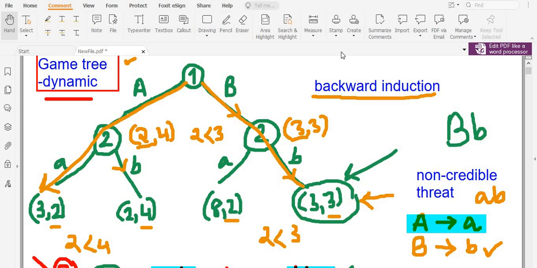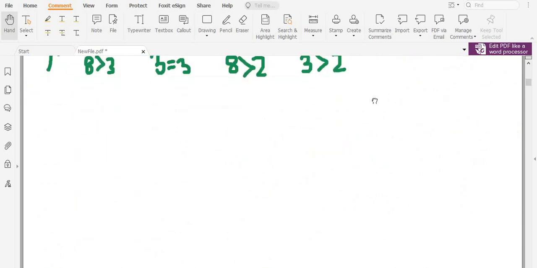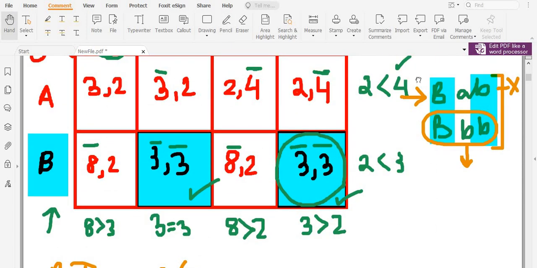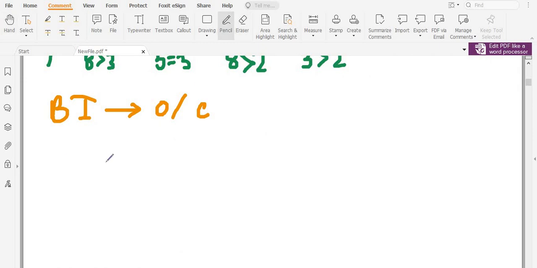Now how can we justify this? We can justify this by understanding the difference between an outcome and an equilibrium. Backward induction uses the game tree format to find the outcome, so the backward induction method gives us an outcome. But the matrix formation, which is the static form of the game, gives us the Nash equilibrium.